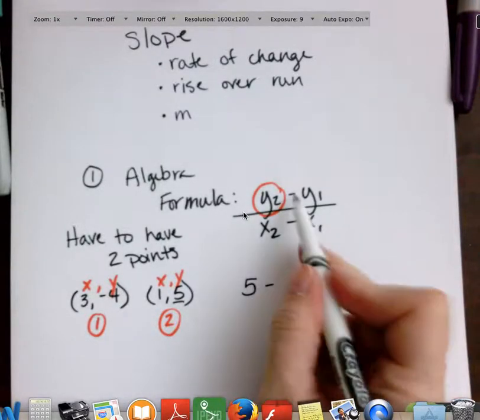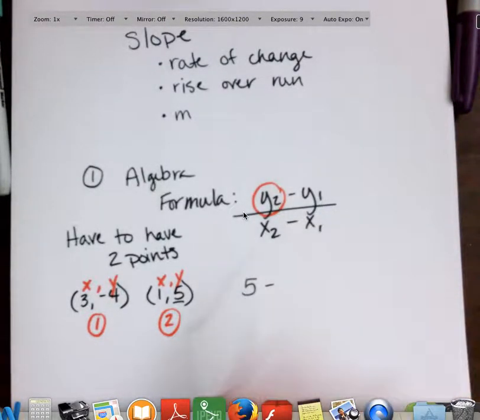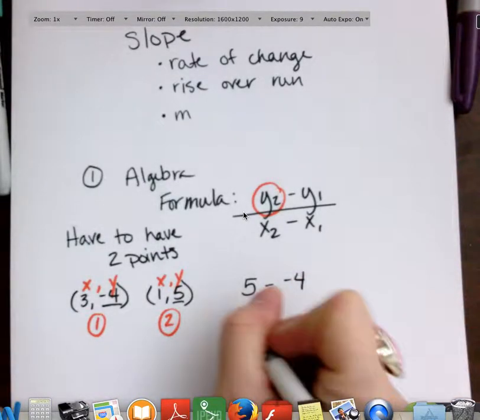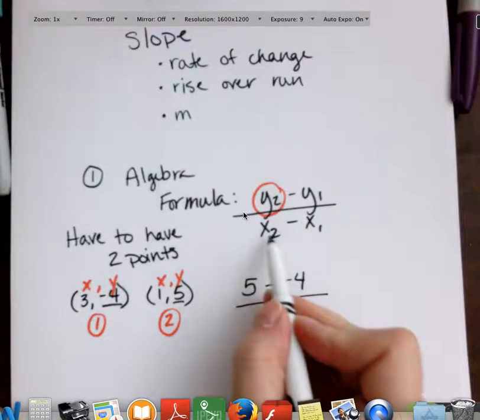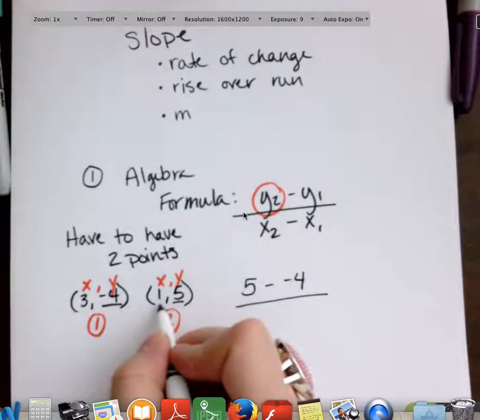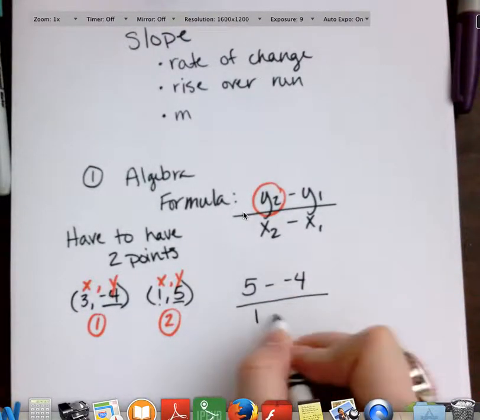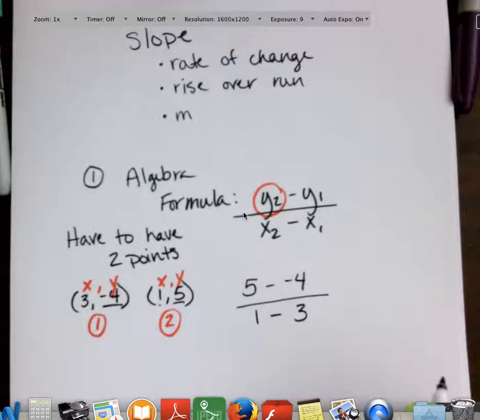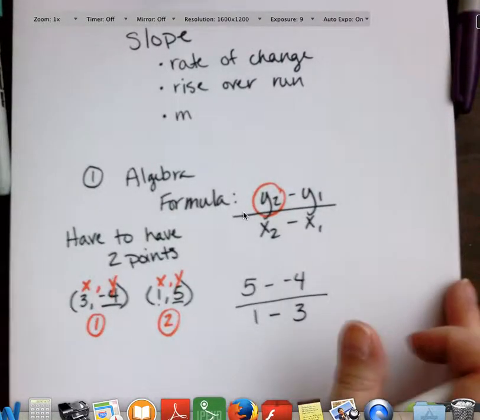And then I'm going to subtract from that my y1 value. My y1 value is -4. And then on the bottom, we've got my x2, which is the 1, and I'm going to subtract 3 from that. So right now, this is where our integers come in really handy.